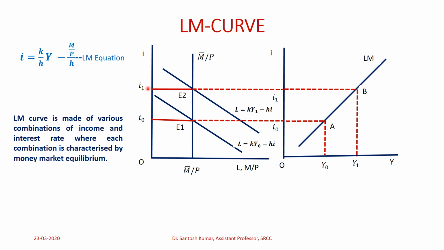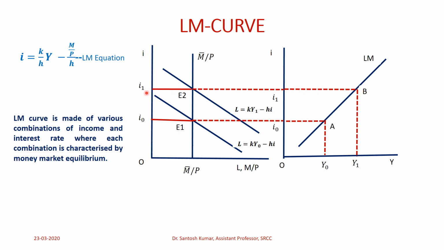Now this I1 is associated with which income level such that the money market is in equilibrium? Definitely it is associated with Y1. Here in the diagram it is Y1. So now we can find another combination of income and interest rate where the money market is in equilibrium.